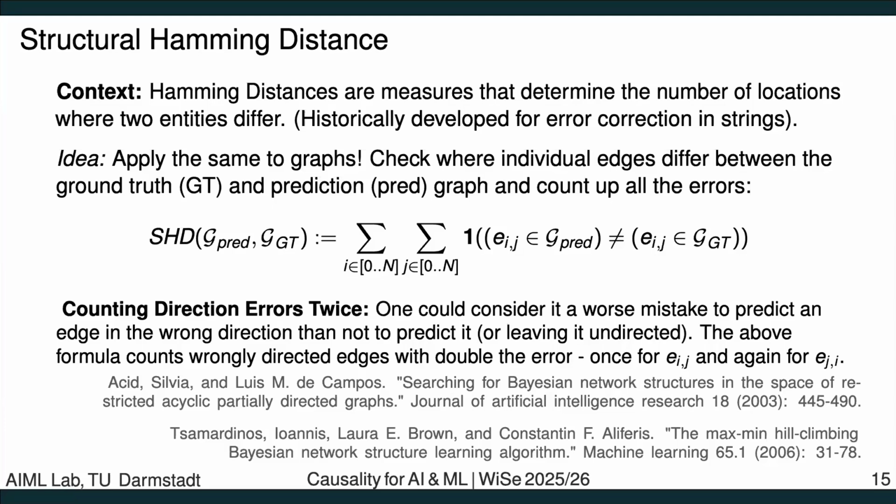If you just care about the general graph structure, like the skeleton, then you maybe should just count it once. If you care about causal effects, then you might want to count it twice, but we will see another metric that does a better job at counting causal stuff in graphs anyway.